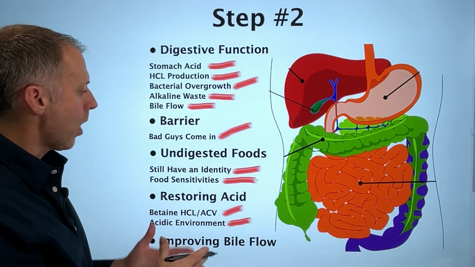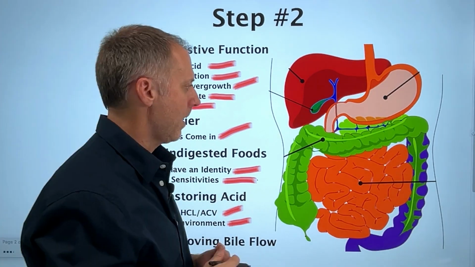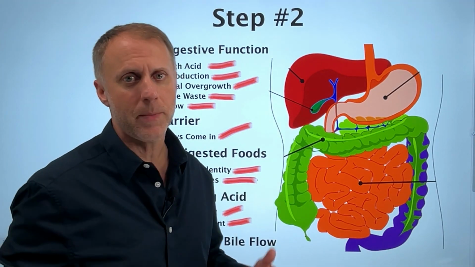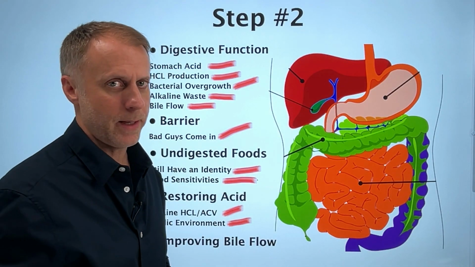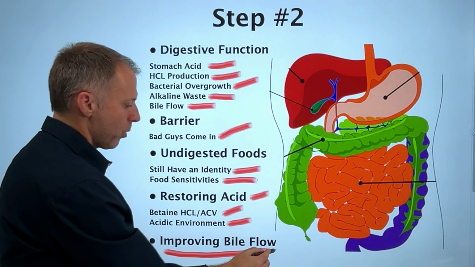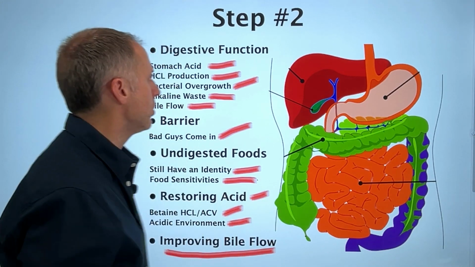So we really want to improve the ability to break down the food into the elemental nutrients, and we want to tighten up those junctions so that anything left over is not going to come in and be where it really should not be. So if these are problems, we want to restore this acid function and we want to improve that bile flow so that we're really breaking the food down into elemental nutrients.